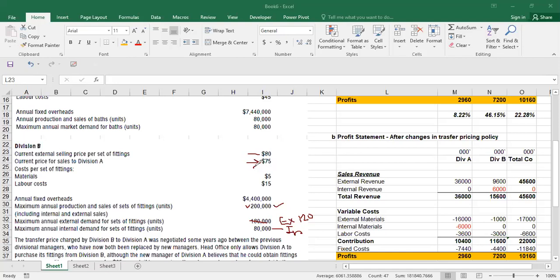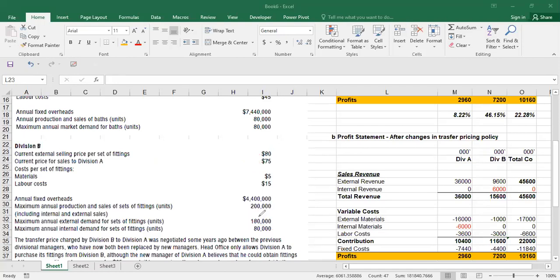So now both of the divisions will be happy, because division A will go and buy from outside for 65. Their cost will go down. Division B will also sell the full 180,000 units outside for $80. And they will think about, now that's very important, what they need to think.